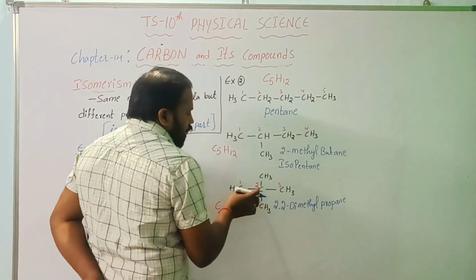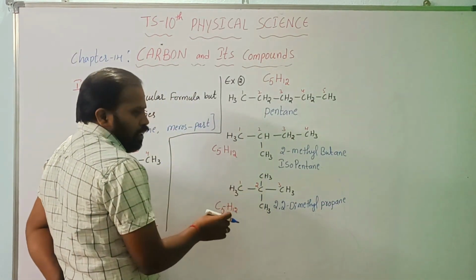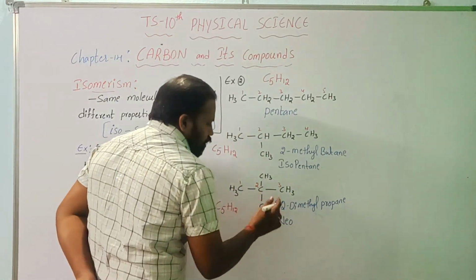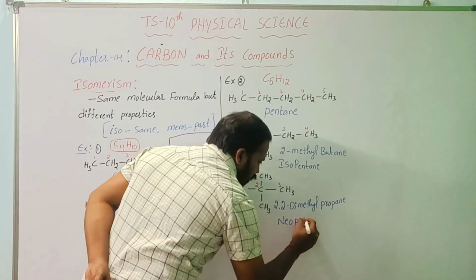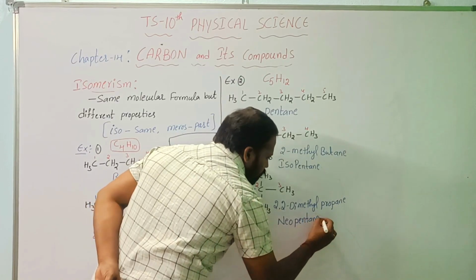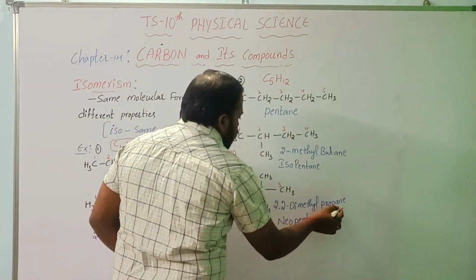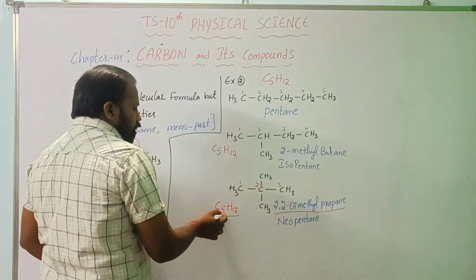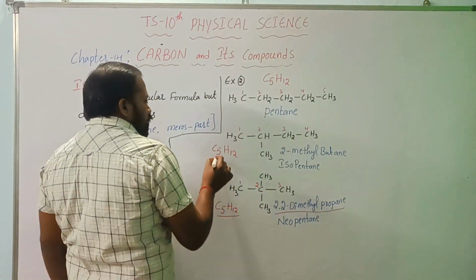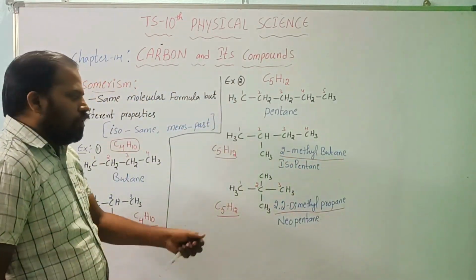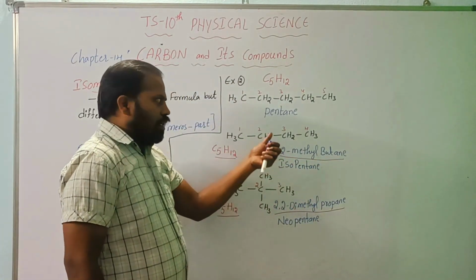Propane. If the second carbon has 3 methyl groups, we can say that as the neo position. Then the total number of carbons is 5, so we can say neopentane. The other name of neopentane is 2,2-dimethylpropane. It has the molecular formula C5H12. The other structure with the similar molecular formula is 2-methylbutane, or isopentane, and pentane.